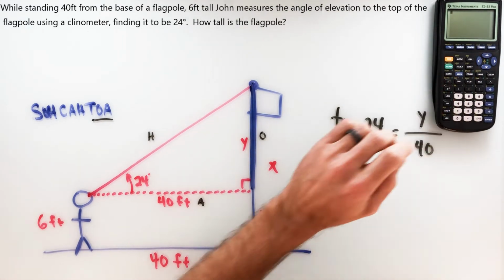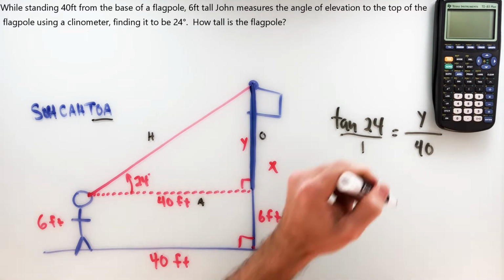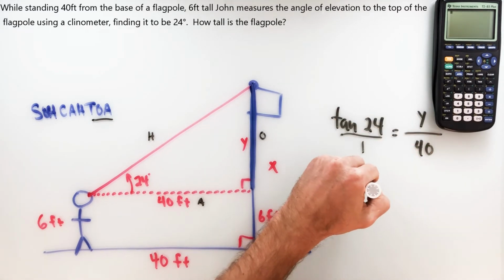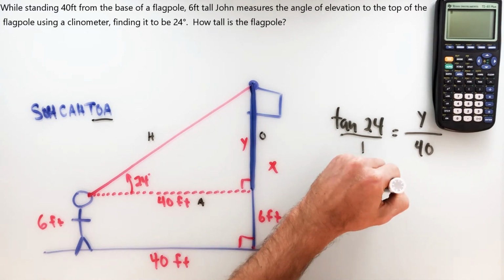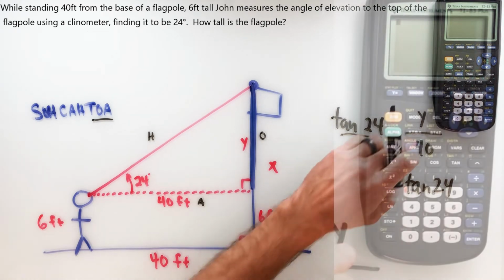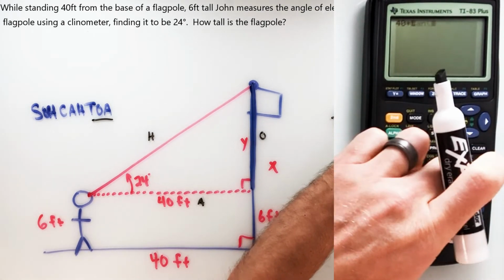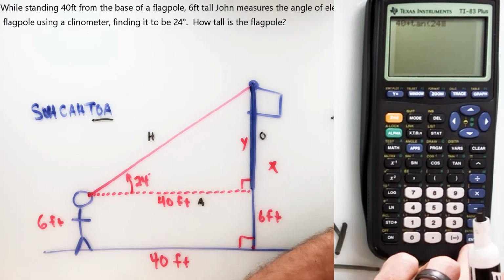Once I cross multiply this, I'm going to have y times 1, which is y. 40 times tan 24 is what I'm going to type into the calculator. So I've got 40 times tangent 24.